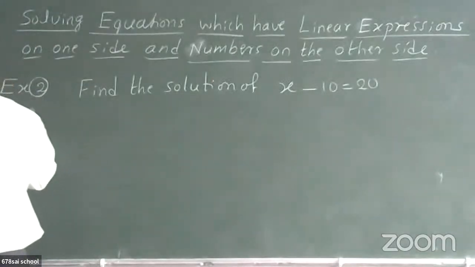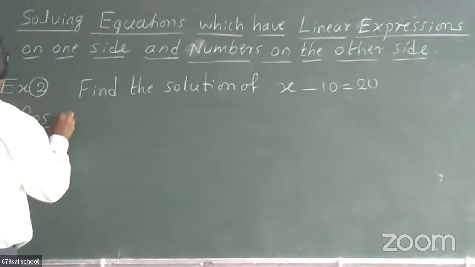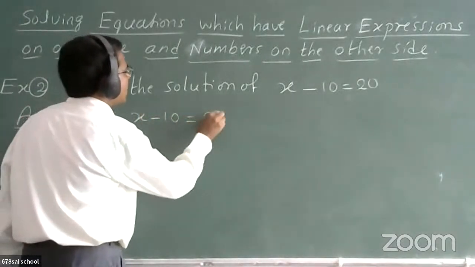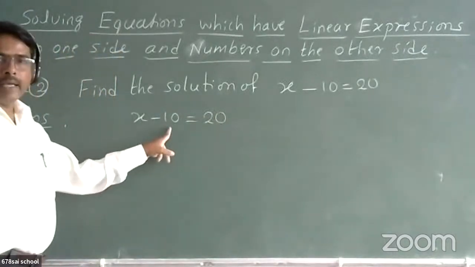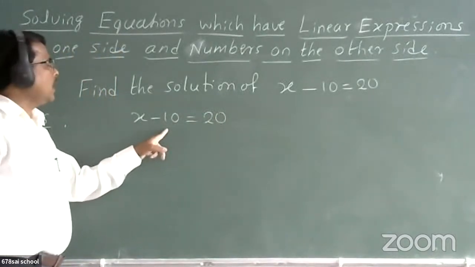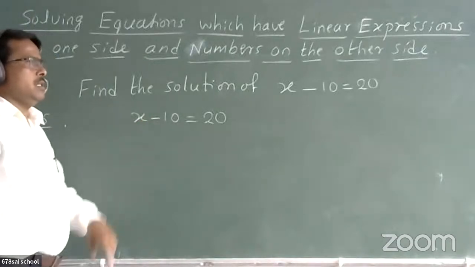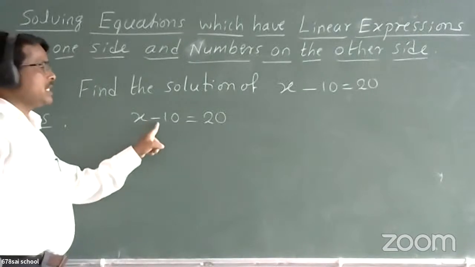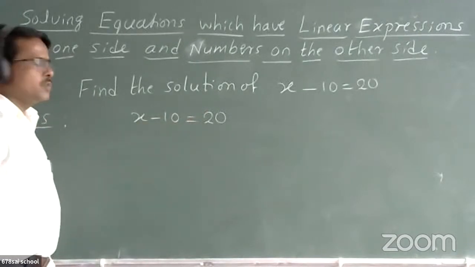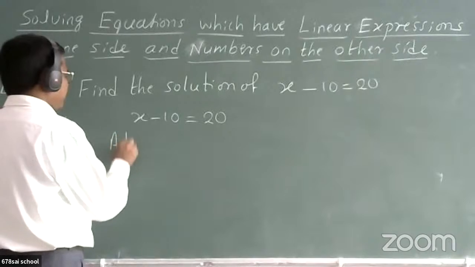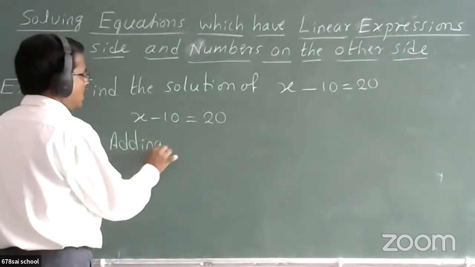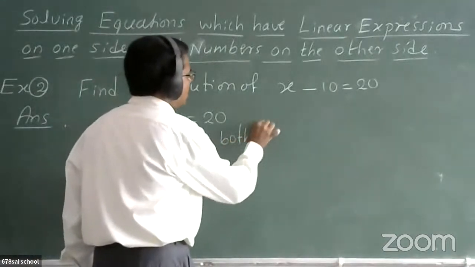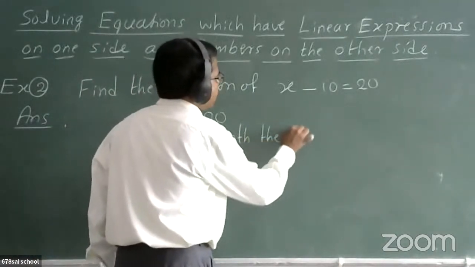So the given equation is x minus 10 equal to 20. I don't want minus 10 here. I want to cancel this. So what do I do? I add 10 to this. Minus 10 plus 10 cancels. So adding 10 to both the sides.